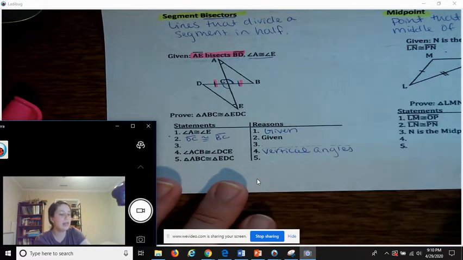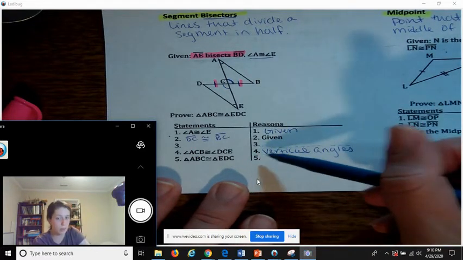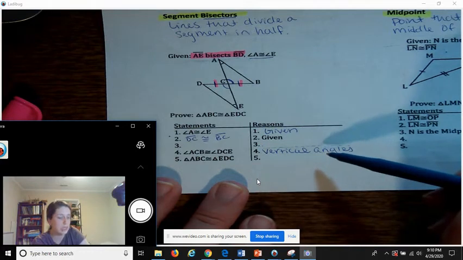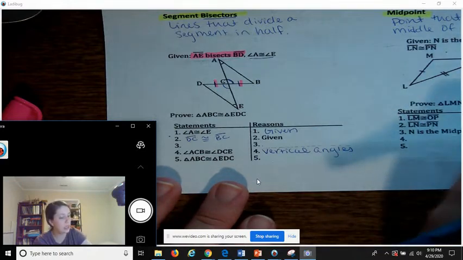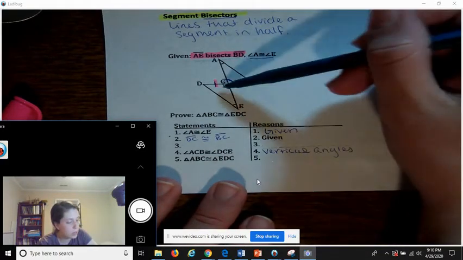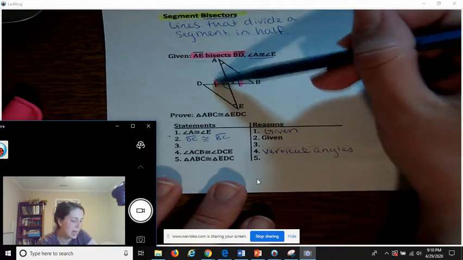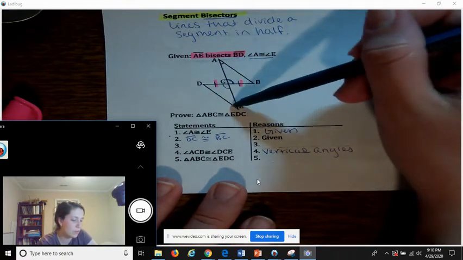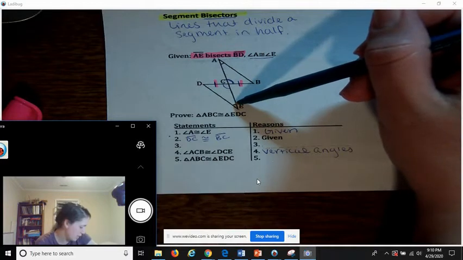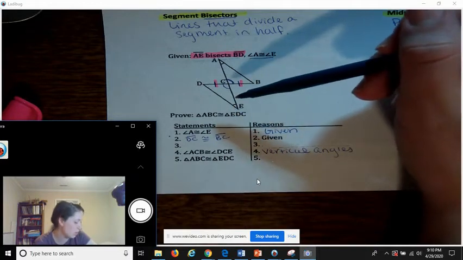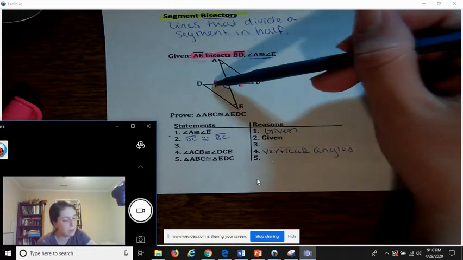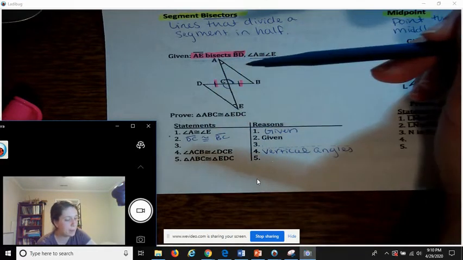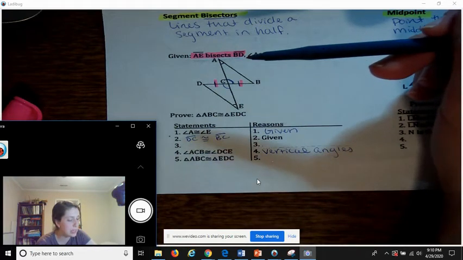Okay. Now, in the very last step, we have that the two triangles are congruent. So let's see what else we have to have in order for our triangle congruence to occur. So we have an angle, and then we have a side, and we also have this angle right here. So we kind of have side, angle, angle, or we could say angle, angle, side right there. And I'm not sure that we need anything more than that.